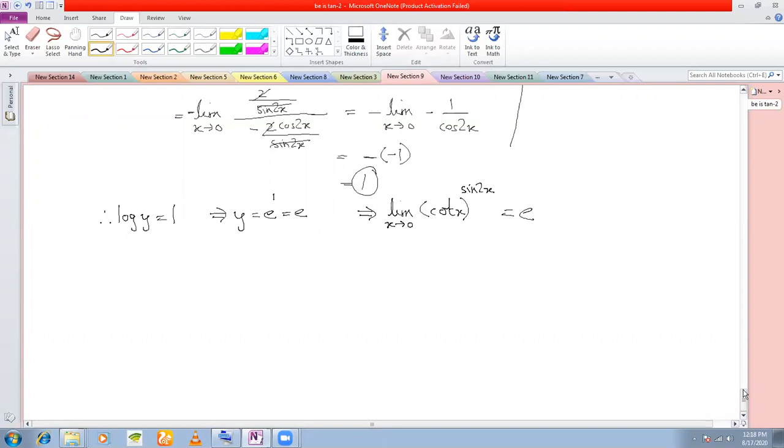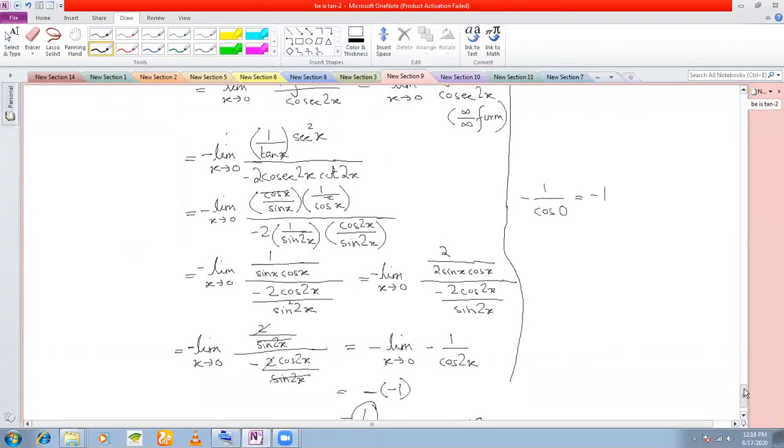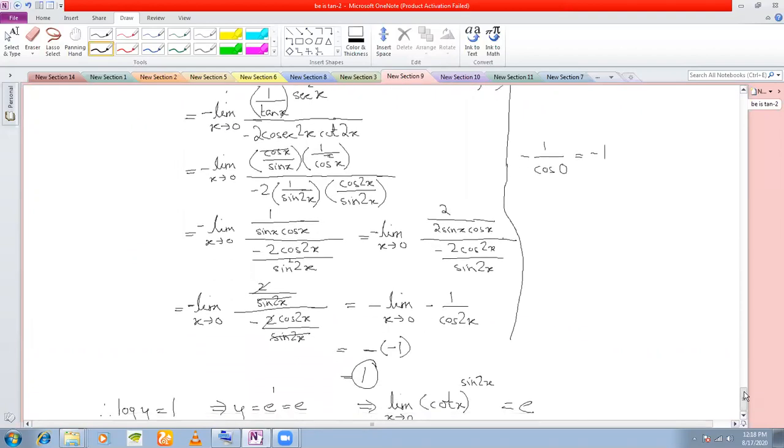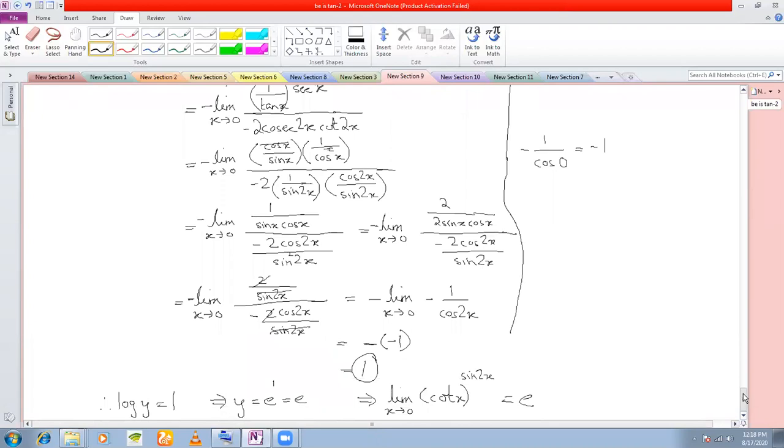Then it should come to 0. There's something missing here. I've got a sin x cos x. I've got a sine squared. Oh, yes, yes. This was sine squared 2x, right?